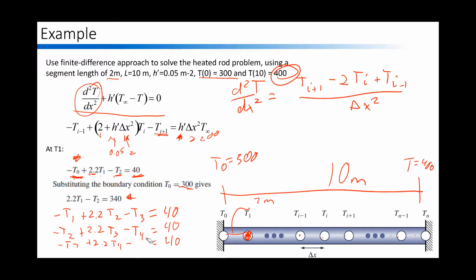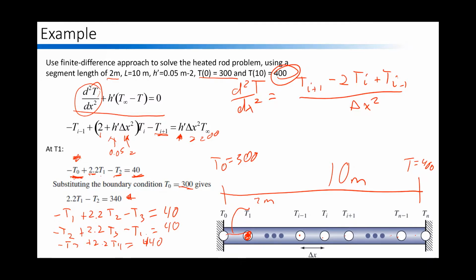So I can put in 400, and we can rearrange that to get equals 440. Okay, so I have 4 equations and 4 unknowns.